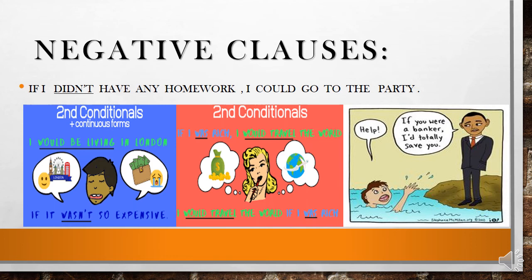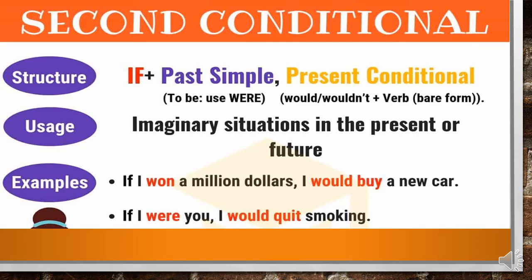Now here in the last section of my presentation, I gave you the basic rule of the second conditional clause. You have to use if plus simple past verbs. This is for the first part, and if you need to use any form of be, you have to use was and were.